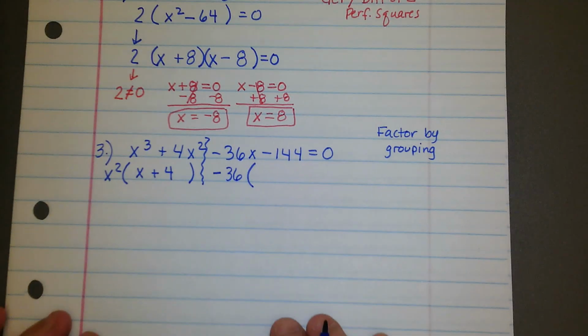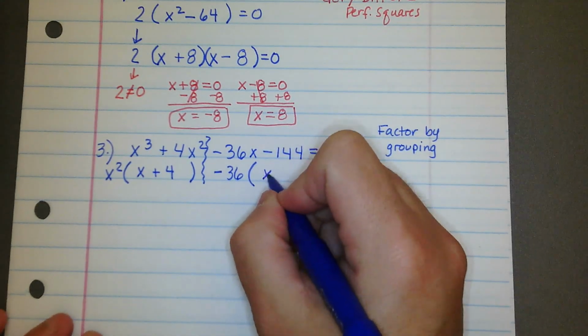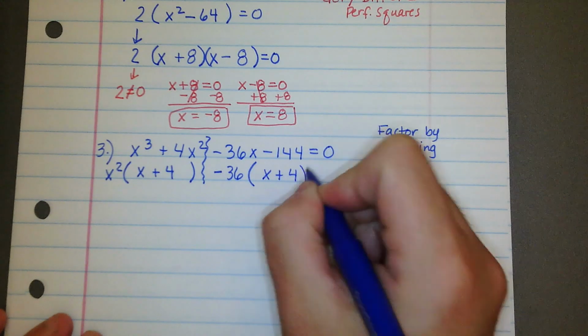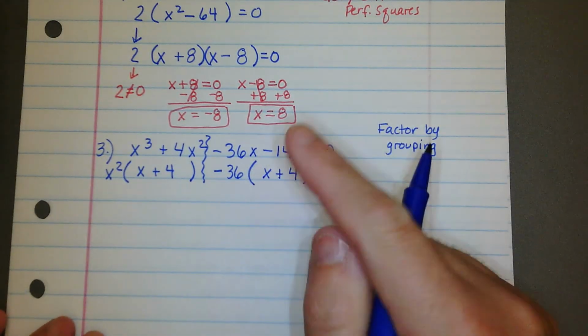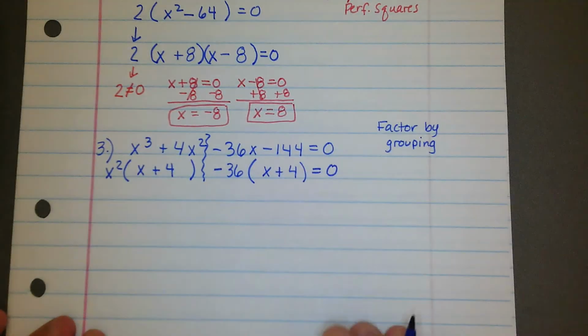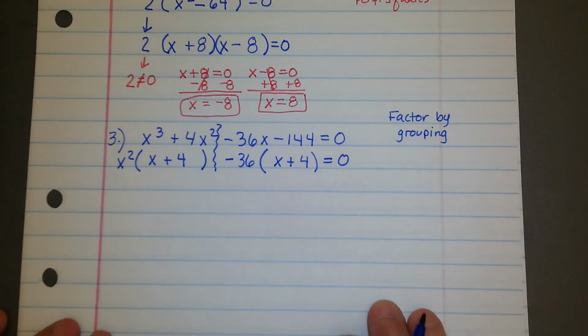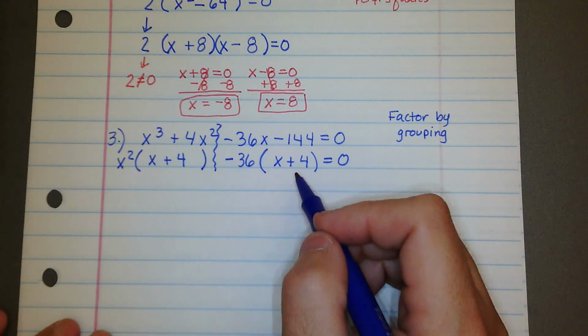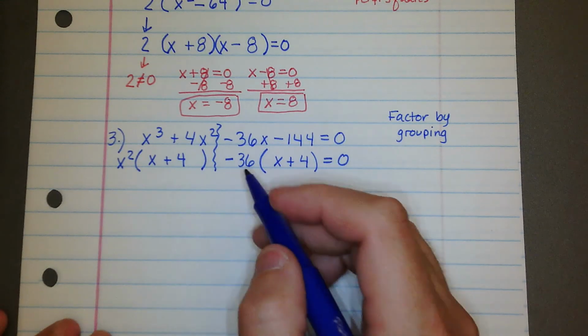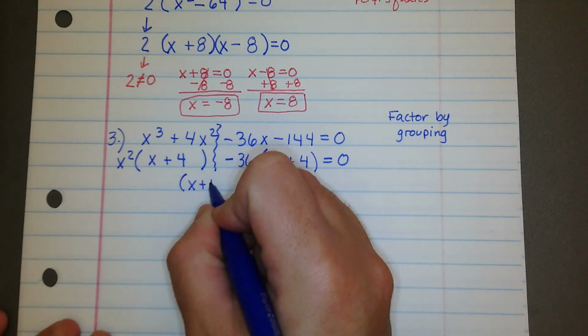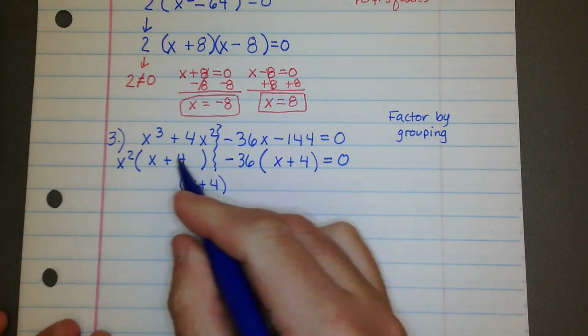Take out that 36. How convenient. Okay. So they each have an x plus 4, so we write that first. You only write it once. Here's your GCF.